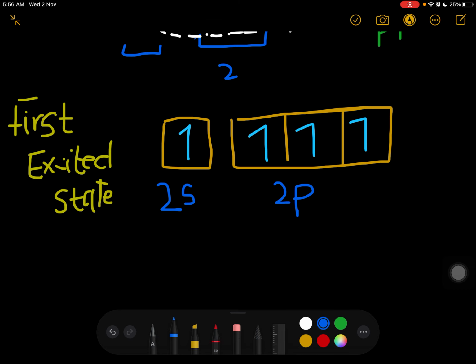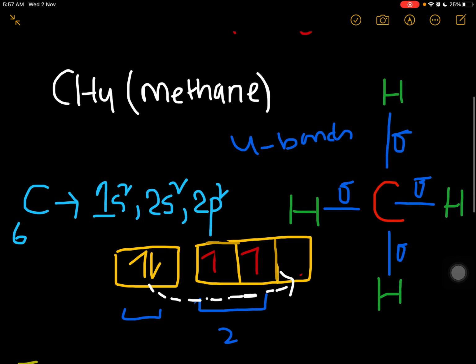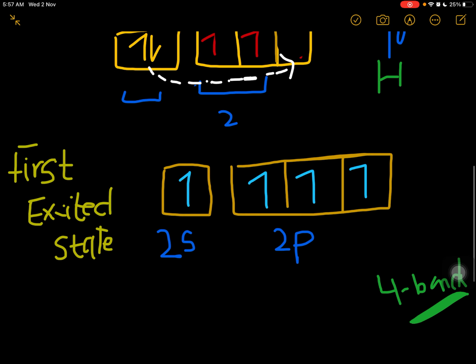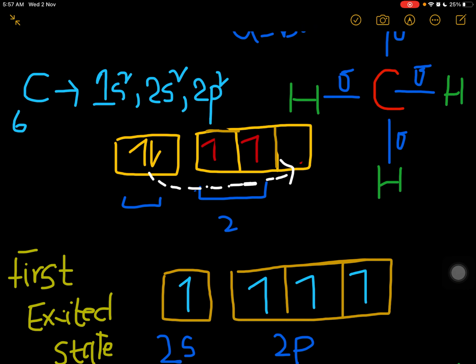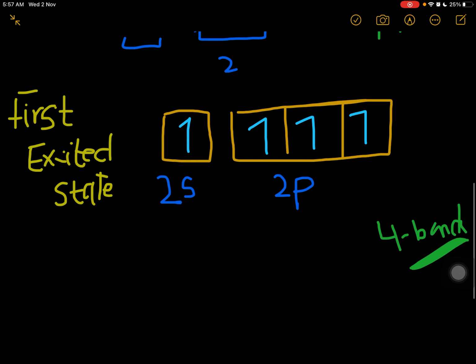As you can see, now carbon can form 4 bonds with the hydrogens. Before, with a valency of just 2, it couldn't, but now with a valency of 4, it can.